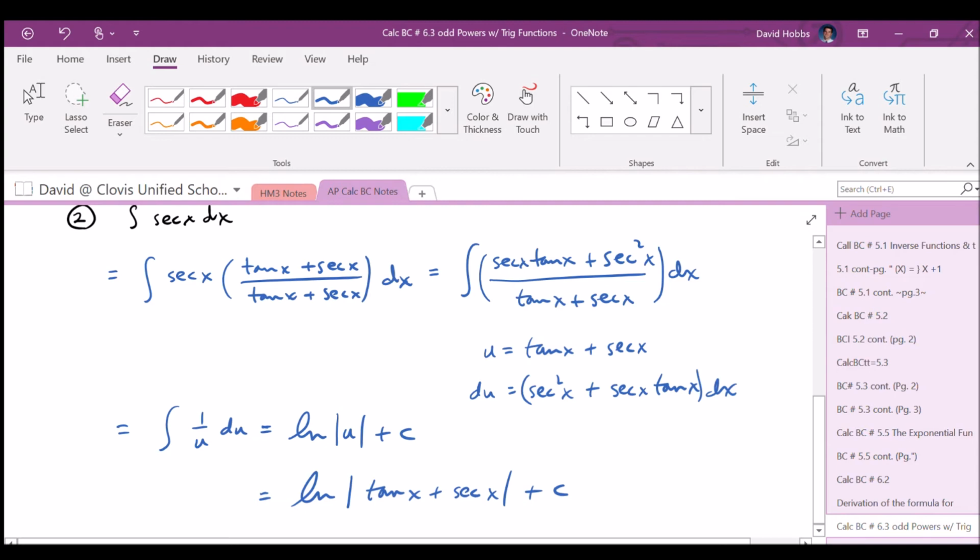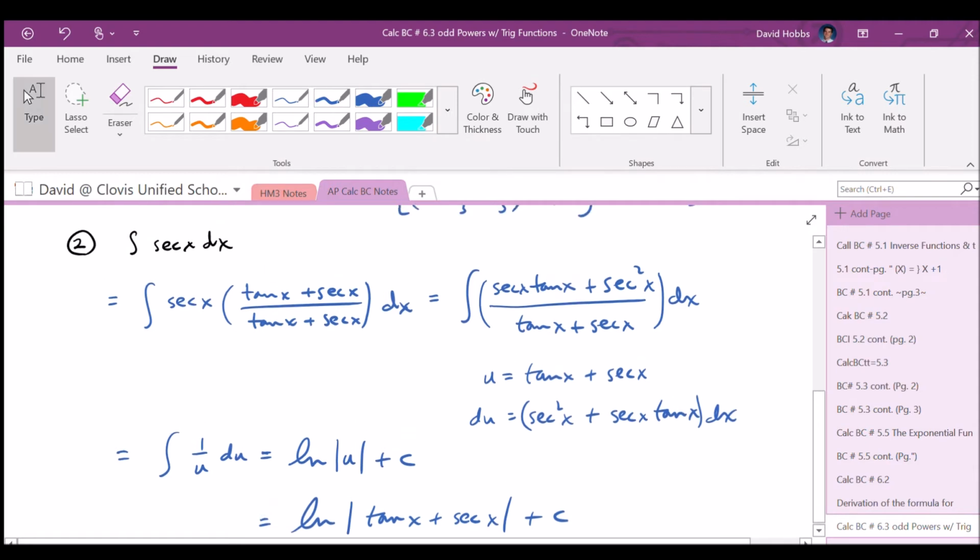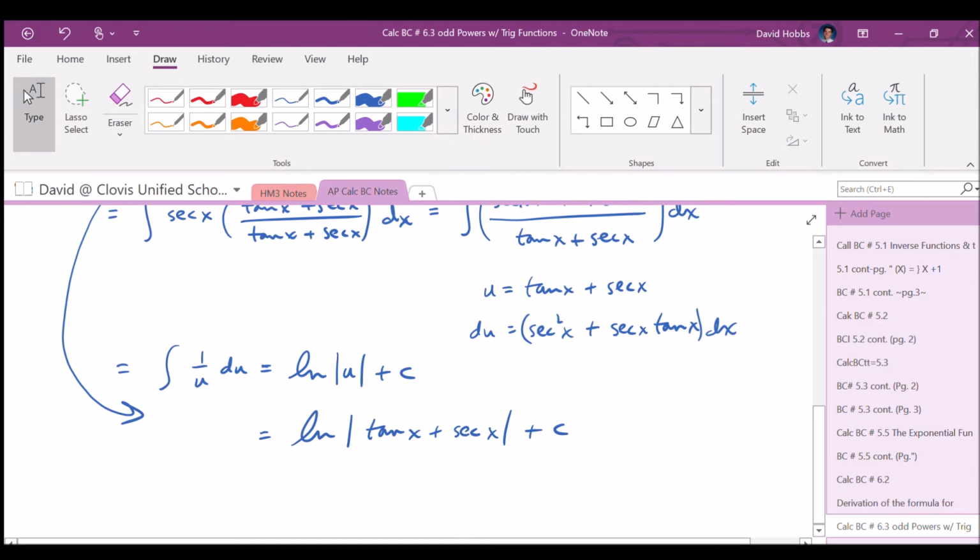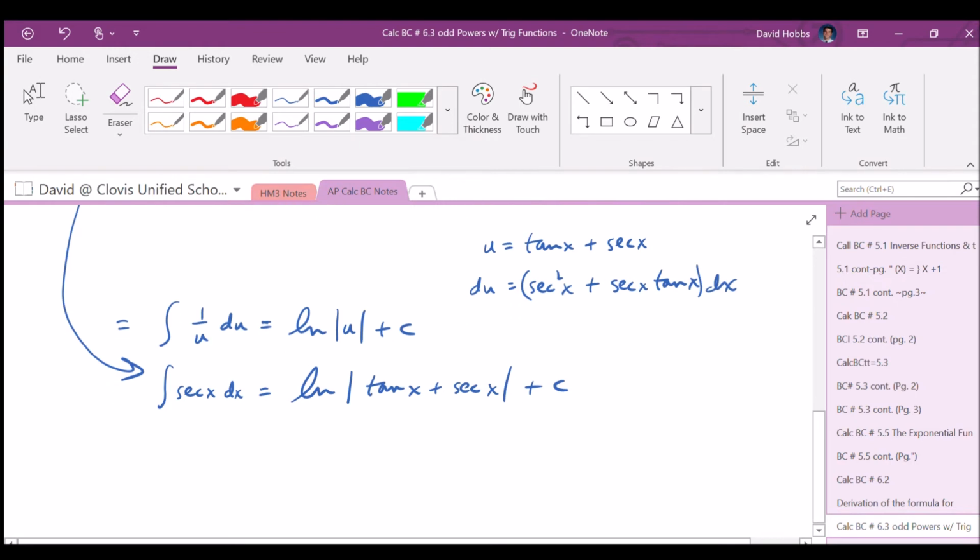Don't forget that constant. Now, that's what the integral of secant x is equal to. And so really, we've actually come up with a formula here, and we can generalize it. Let's generalize it right now.